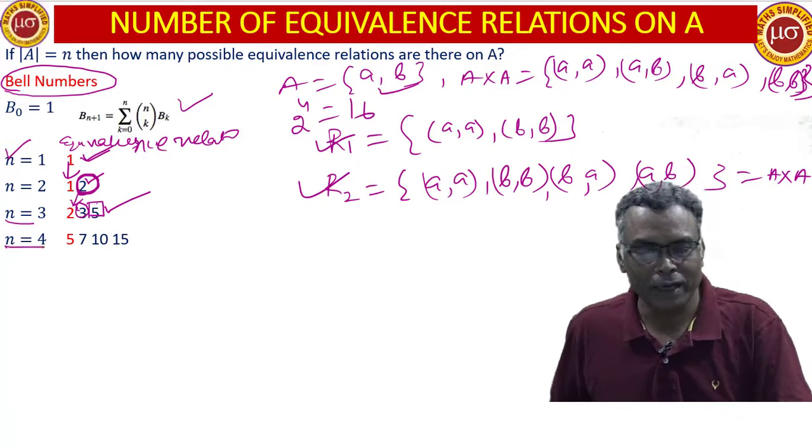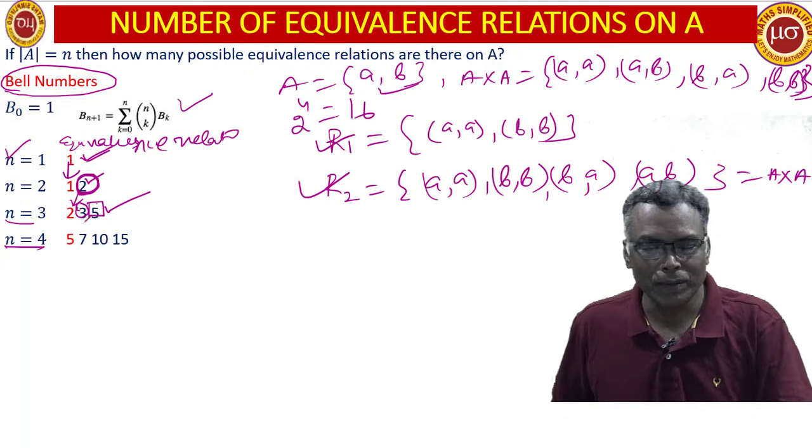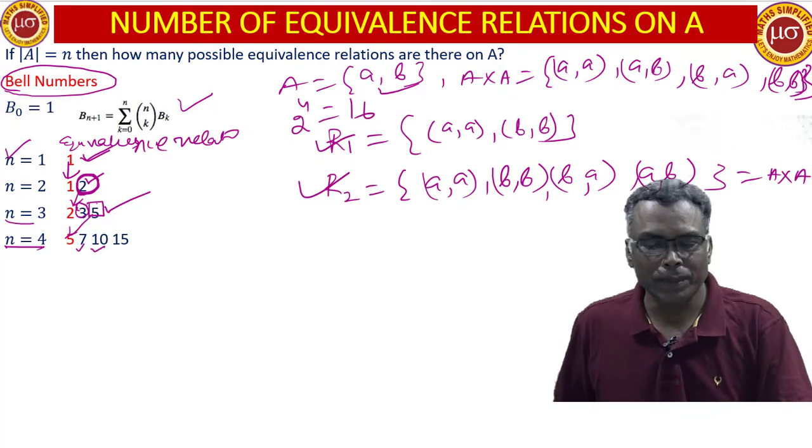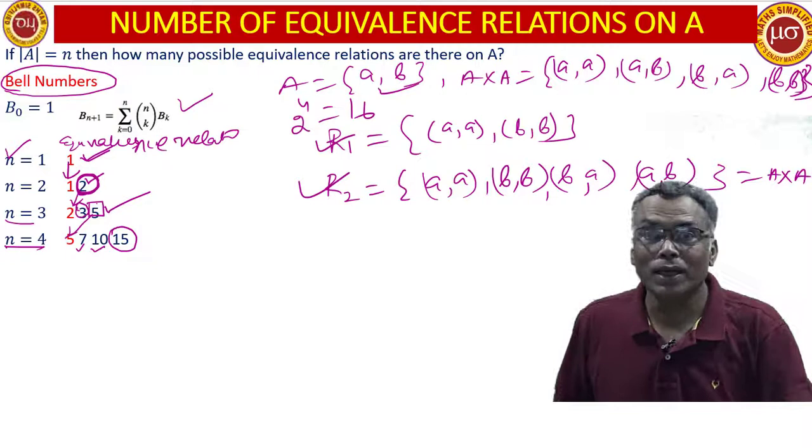Again, for n is 4, the number of elements in the set is 4, copy 5. 5 plus 2, 7, write here. 7 plus 3, 10, write here. 10 plus 5, 15. Yes, there are 15 equivalence relations on a set with 4 elements.